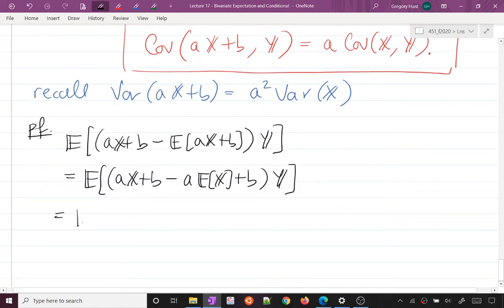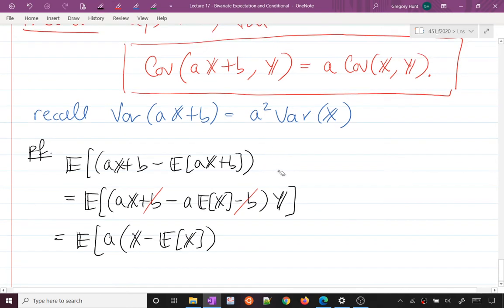And I can rearrange this. First of all, don't make mistakes like me. First of all, distribute your negative. I can cancel my negative b with my b here, and I can factor out an a. So it's a times x minus ex. Whoops, someone should call me on this. That should not just be y. It should be y minus its expectation.